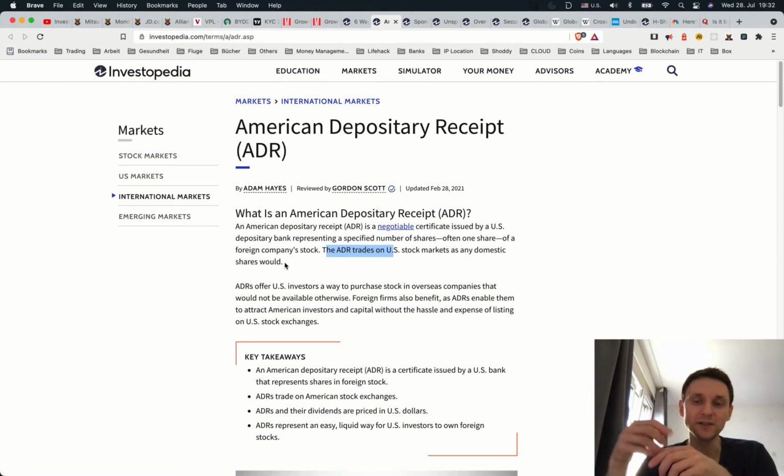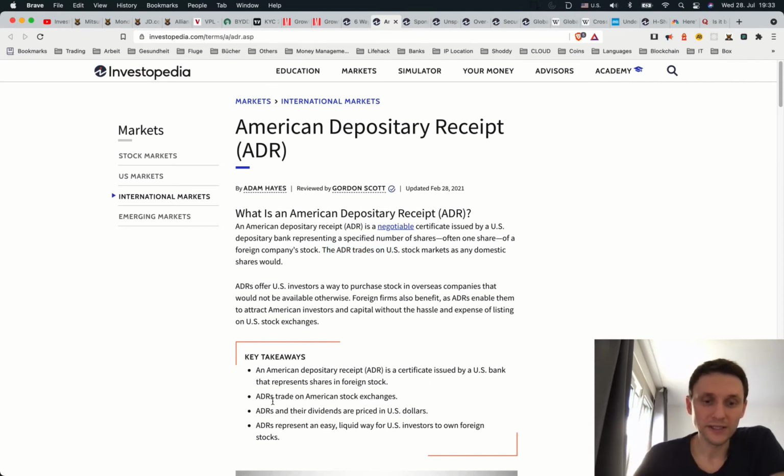And this ADR is being listed in the United States as a domestic share, as a domestic company. So for you guys, it's a nice way to buy shares from a foreign company through those depository banks.